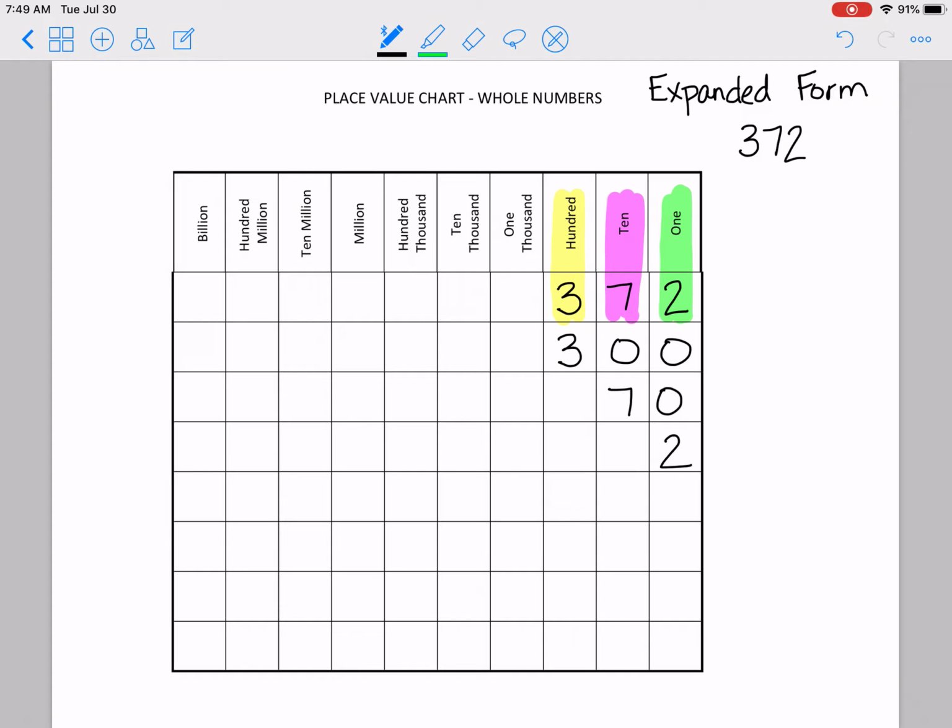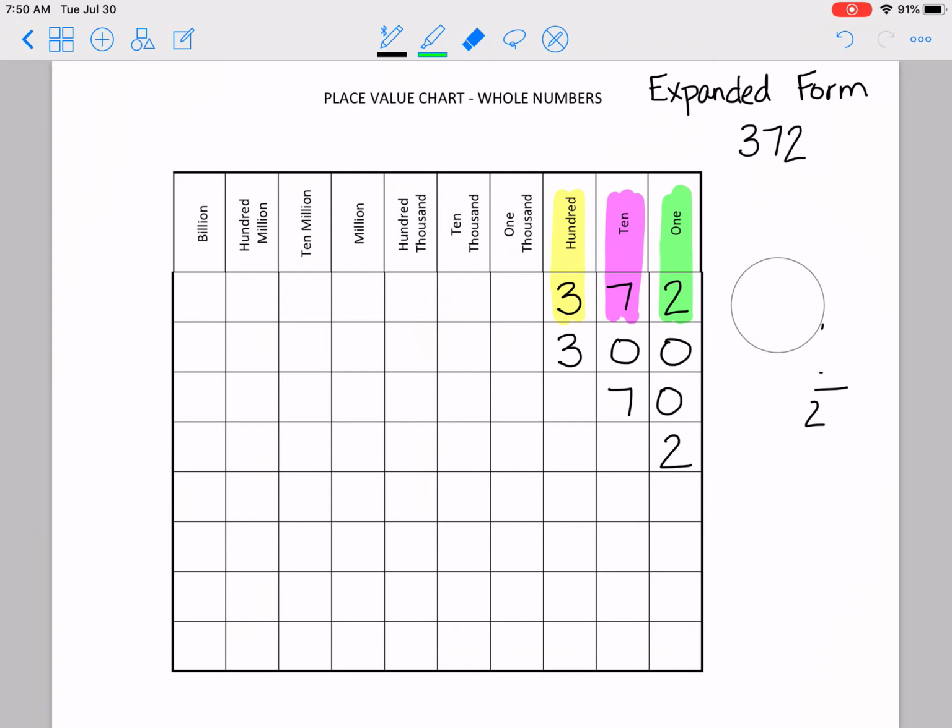And so, mathematically, if you were to add 300 plus 70 plus 2, you're going to get 372.